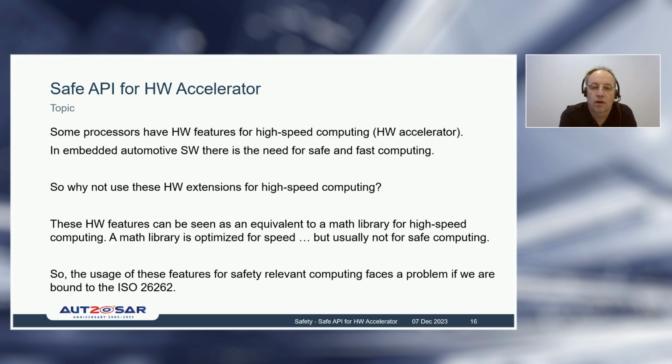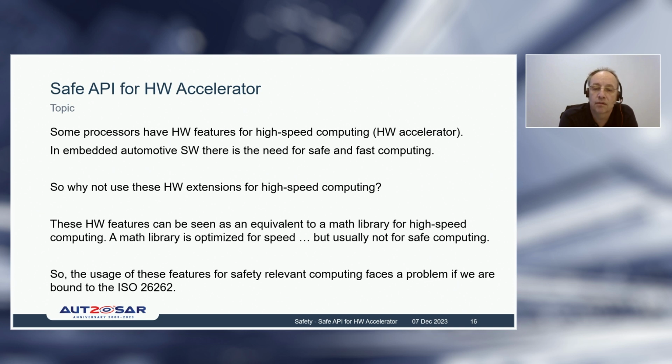With a Safe API for hardware accelerator, we want to solve a problem. We have some processors, some hardware resources for high-speed computing, so the hardware accelerator. In embedded software, there's usually the need for fast and safe computing, especially if a lot of data is used, data-intensive computing, or if very complicated algorithms are used, so algorithm-intensive computing.